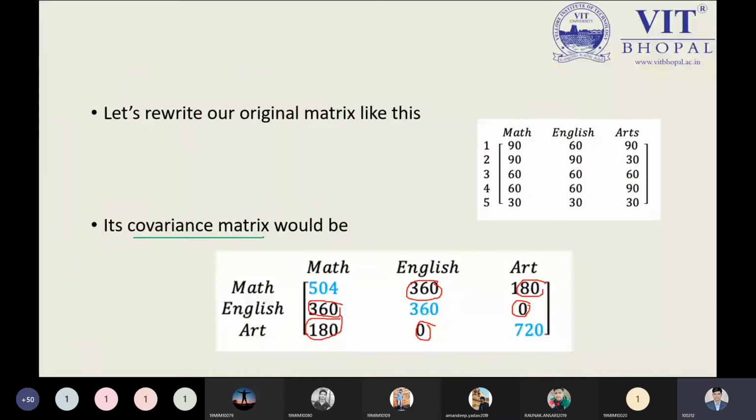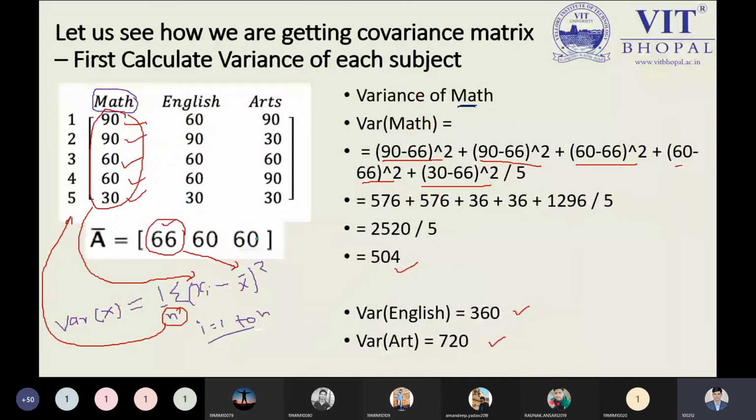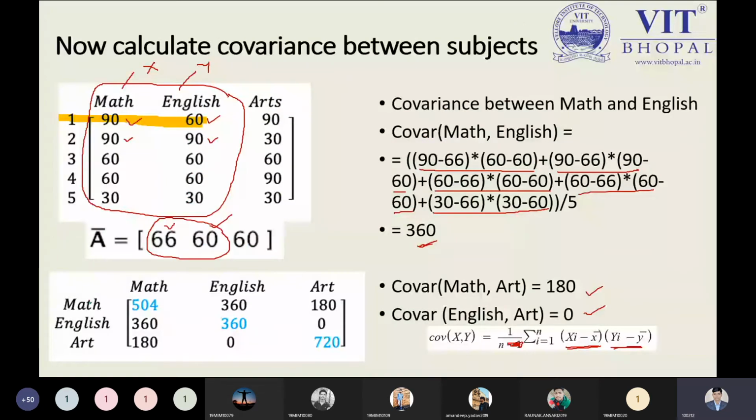The same matrix I have written here. For math we are getting 504, for English we are getting 360, and for art we are getting 172. So what does it mean? All the diagonal elements written here belong to the variance.